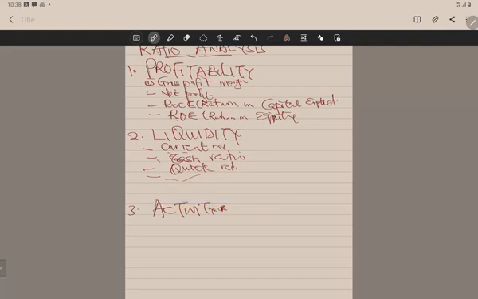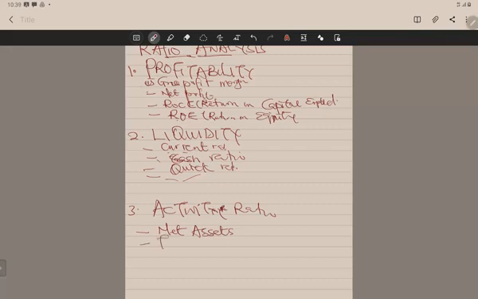For our activity ratio, we have our net assets turnover. When we say activities, it measures the number of times an organization is able to multiply its assets.